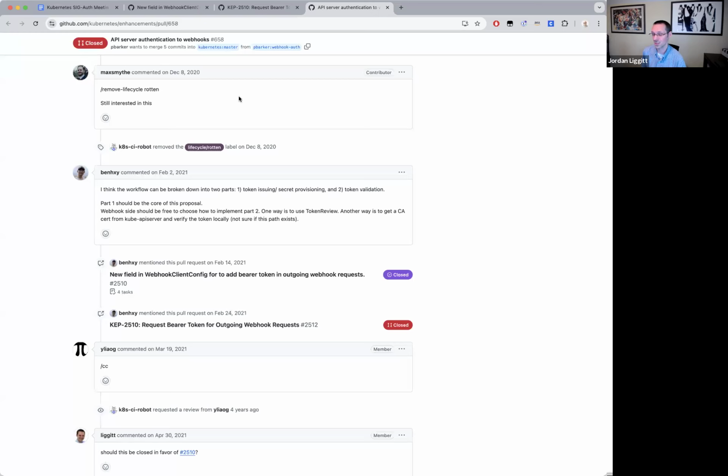A lot has changed in the last 6 years, so it'd be worth thinking about whether we want to instead go in the direction of a certificate thing, or support both. Like you can get a token that's audience scoped, or you can get a certificate. Yeah, we should just think about the things we're working on now and have worked on in the last 6 years, and which things make sense to intersect with this.